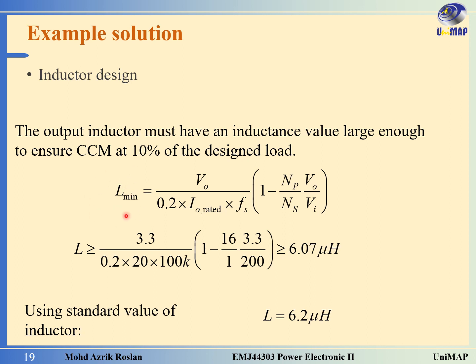We already have the minimum inductor value equation: L minimum equals V out over 0.2 multiplied by IO rated multiplied by switching frequency, multiplied by 1 minus Np over Ns multiplied by V out over Vi. When we substitute everything in this equation, this is the minimum value, so we have to make sure that our inductor is bigger than this minimum value.